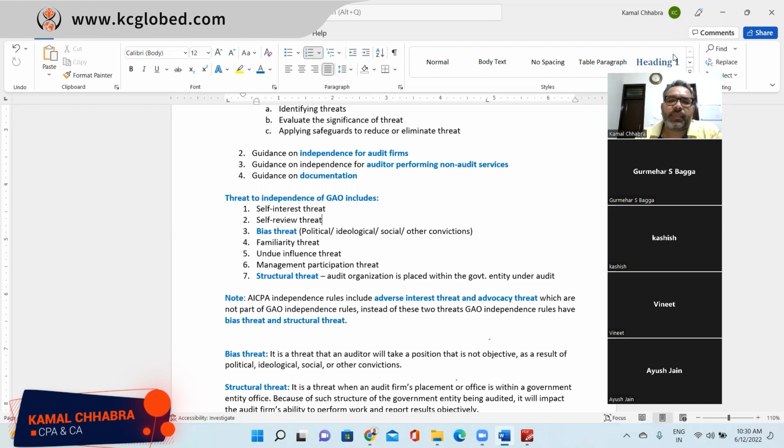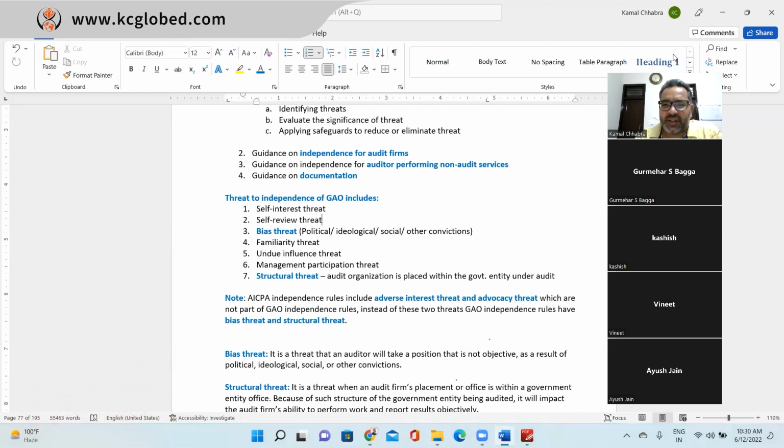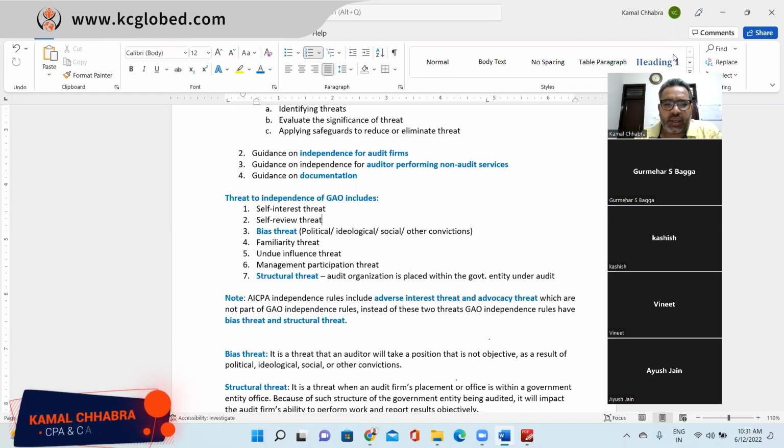Next is management participation threat. What is management participation threat? So where we assume the responsibility of the management. Yes, where we are assuming the responsibility of the management, like bookkeeping, HR management services, or maybe internal audit services, right? So these five are very much the same as what we have already studied in independence rules of AICPA.